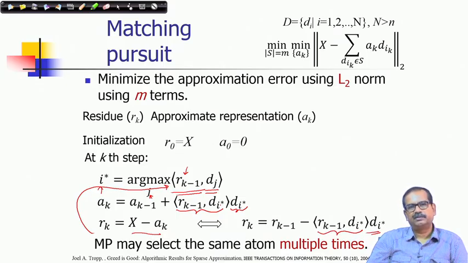So, if your residue is still, at some stage once again you can get the same dictionary element, and if I am trying to restrict for m terms, I have to also keep a separate count of how many elements are presently taken care of in my representation of the signal.